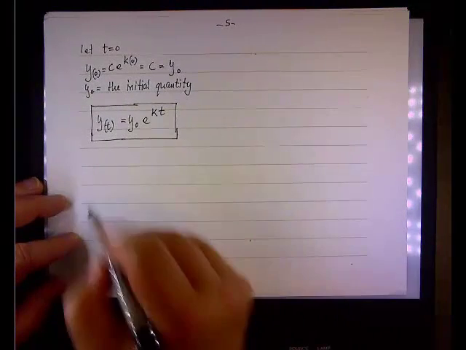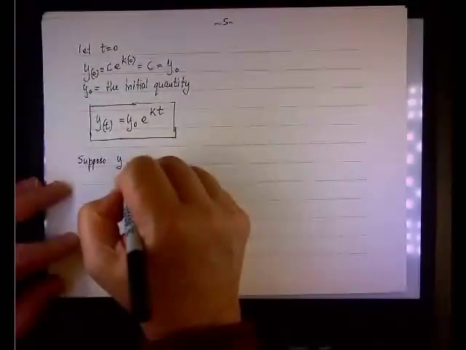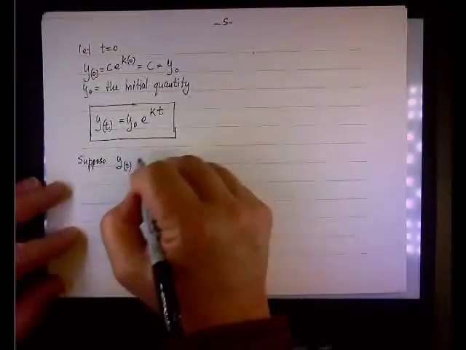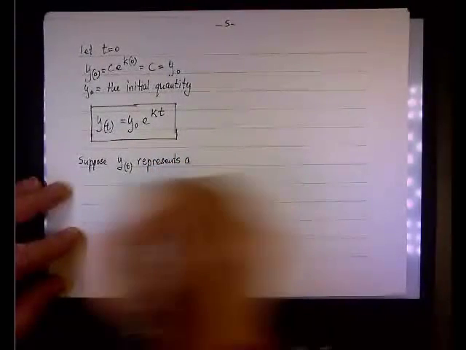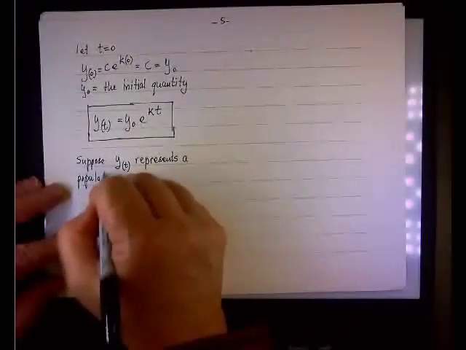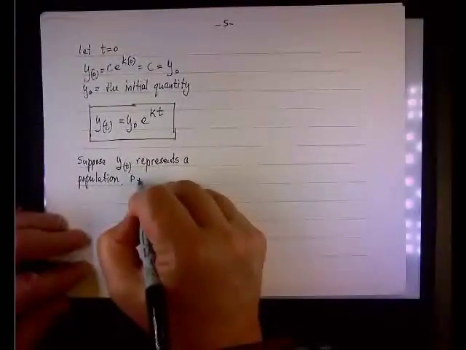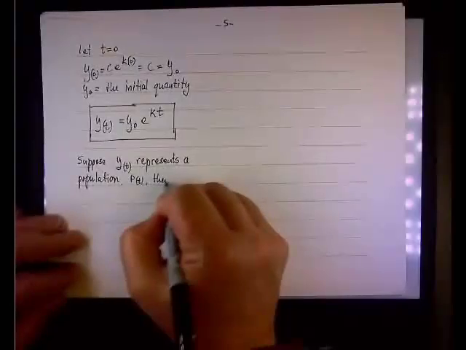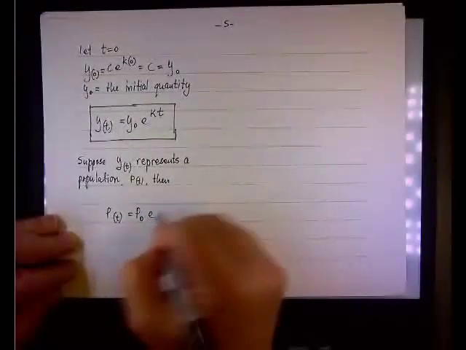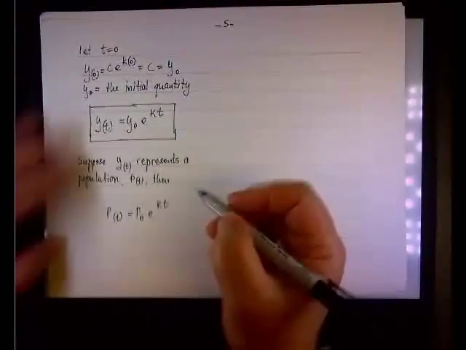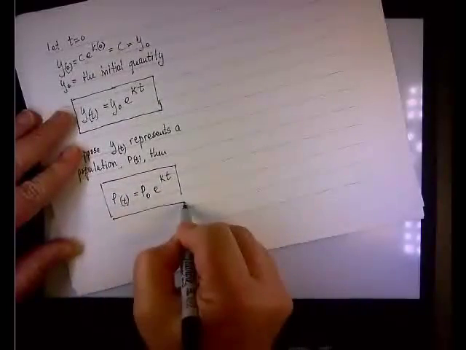Here's the statement I made before. Suppose y of t as a function represents a population, then we'll call it p of t. Then we have the following: p of t equals p sub 0 e to the power of kt. More familiar form.